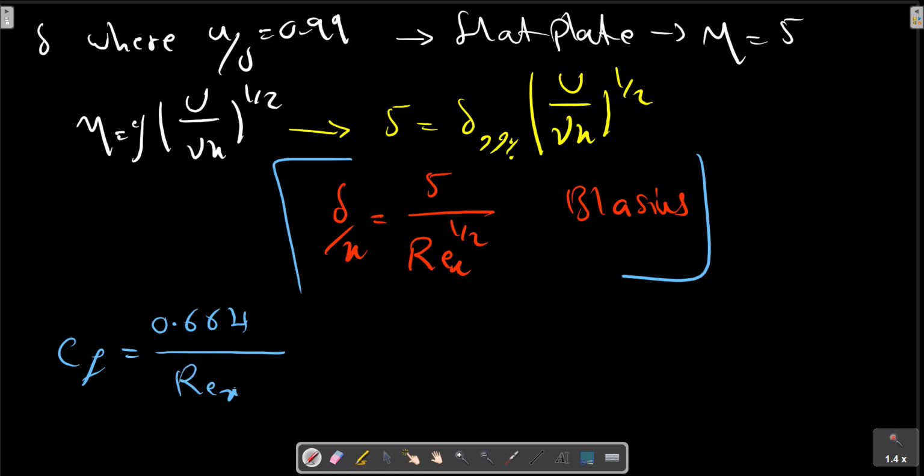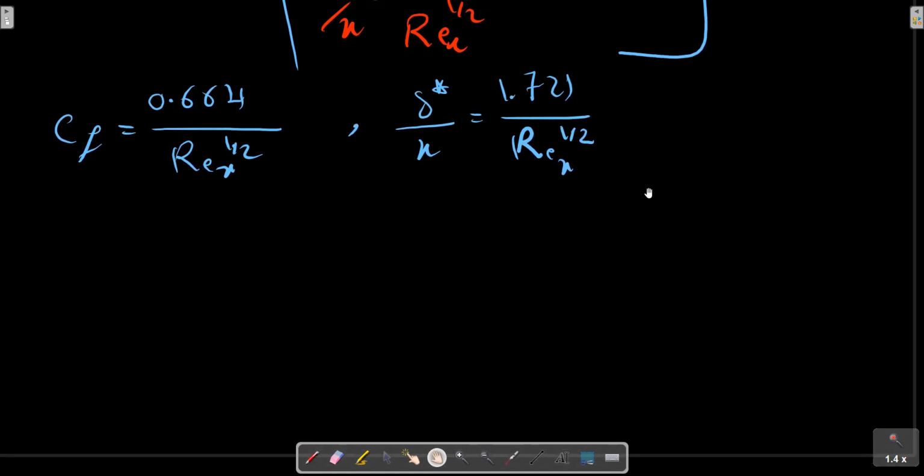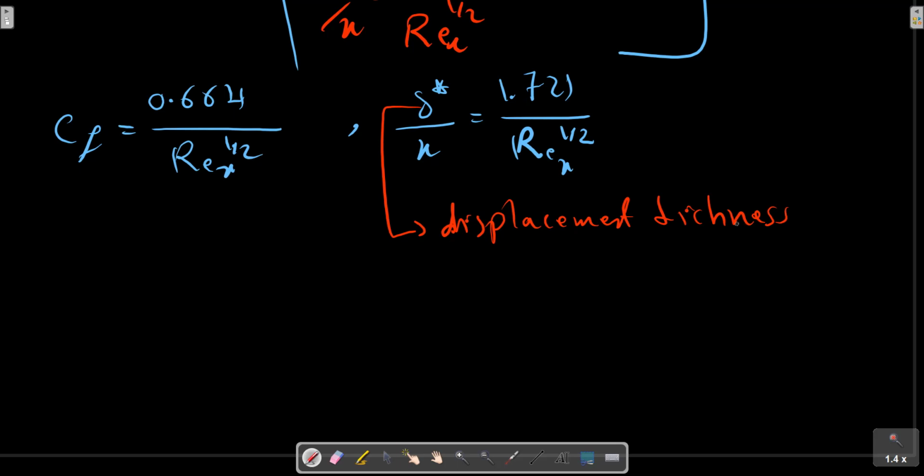The displacement thickness delta star, and the friction force, wall shear coefficient.